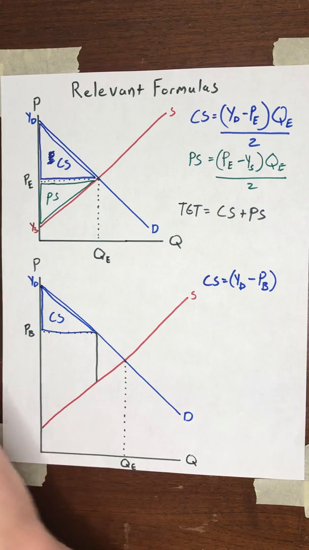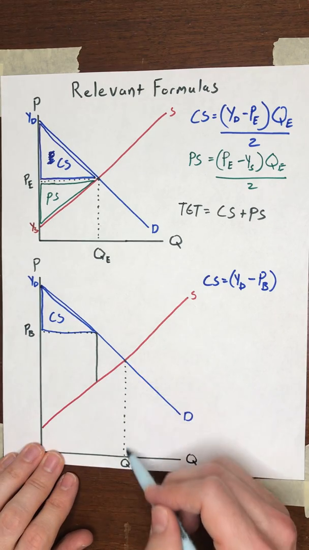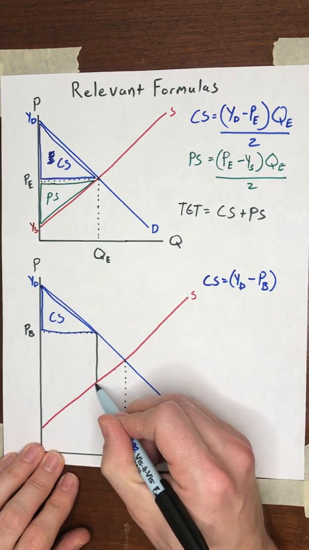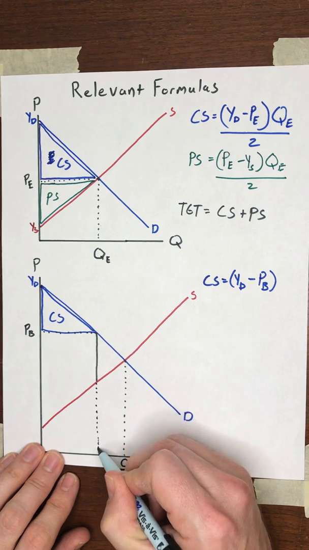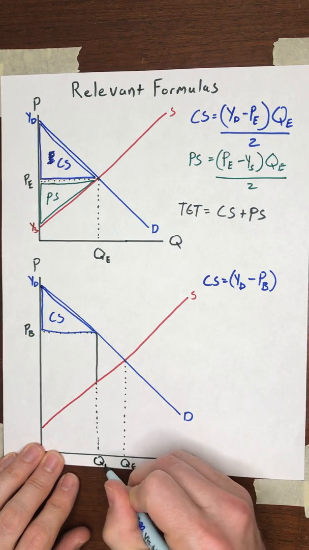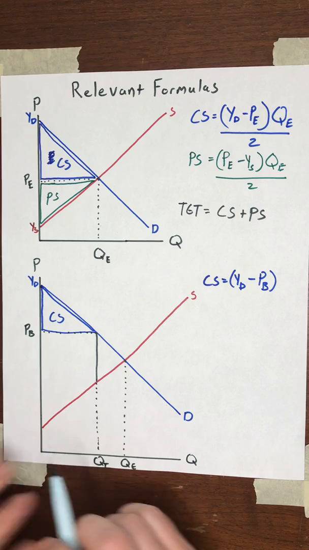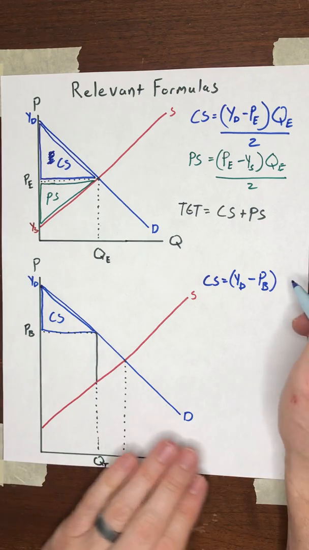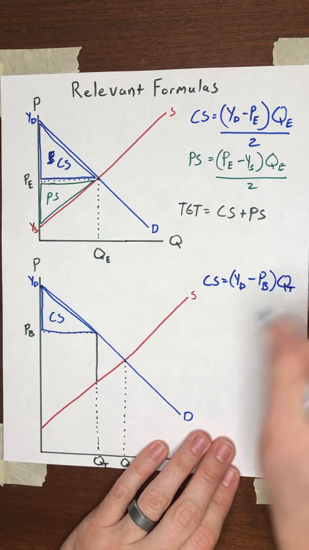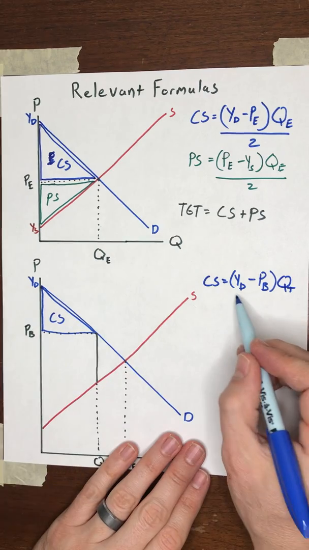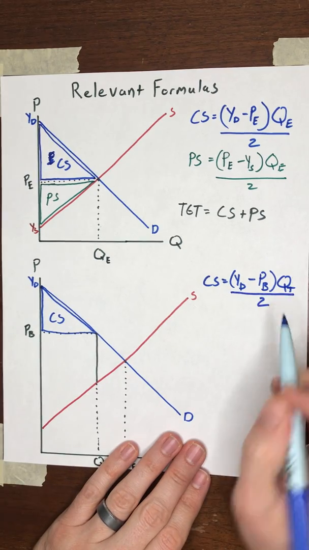And we're not going to multiply that by the quantity of units in equilibrium. Instead, we're going to find the quantity of units that trade when there's a tax, QT. QT will be the length of this triangle. Then we divide by 2.